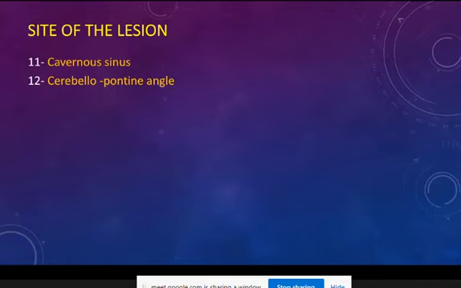And then we have the cerebellopontine angle. Why do I say the lesion is in the cerebellopontine angle? Because there is evidence of seventh nerve palsy, fifth nerve palsy, and eighth nerve palsy, and may have cerebellar signs if the lesion is large enough. So the cerebellopontine angle, CPA, is the site of localization.